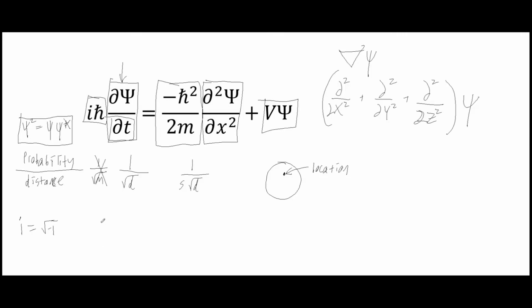So we know from our Euler formula that if we have e to the i t, and I will sort of suggestively use t here for the variable, this is equal to cosine t plus i sine t.